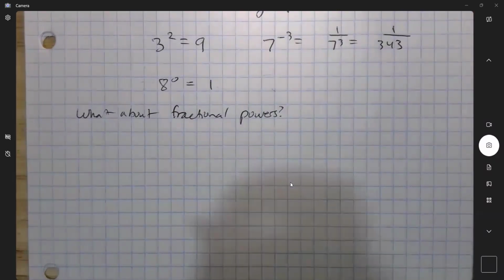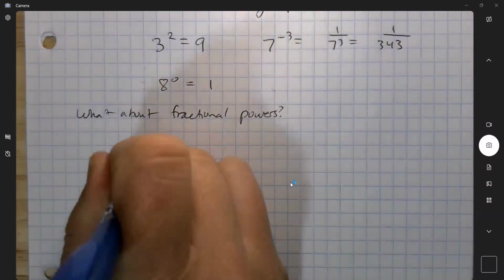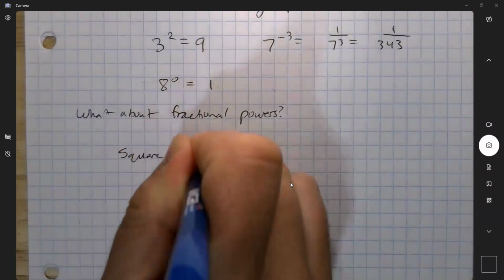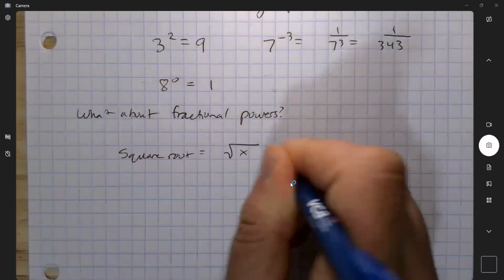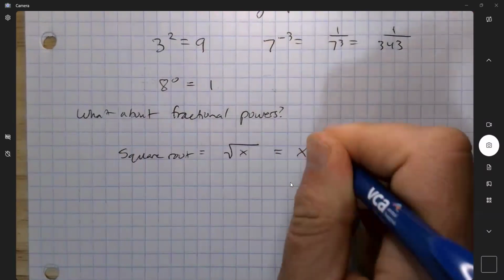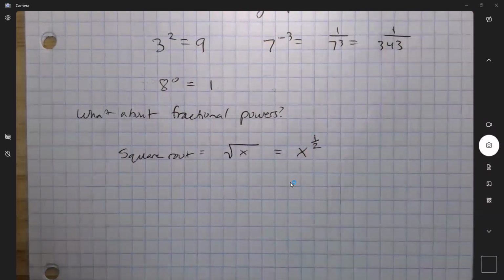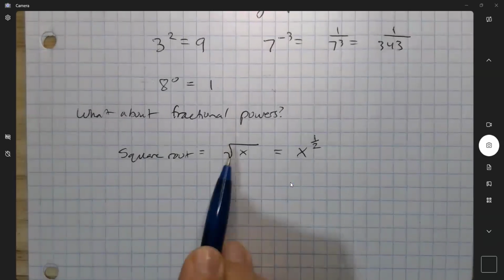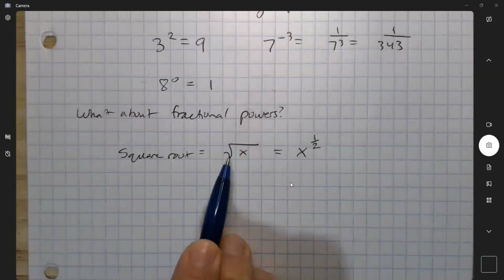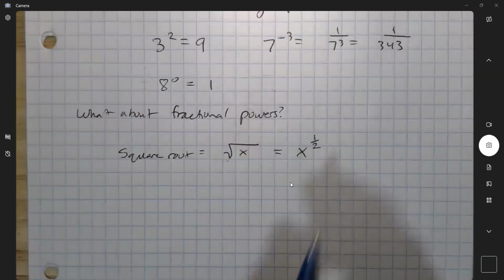And we have notation for that. The square root, which we write as a square root of x, can be written as a power. It's x to the 1/2 power. Once again, this comes directly from one of our other rules. It comes from the nested powers rule, but it's okay if you just remember a square root is x to the 1/2.